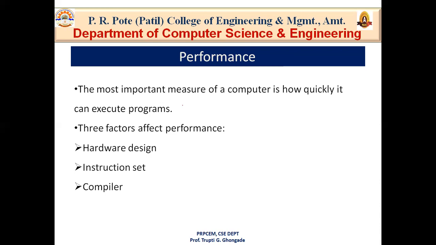First one is the hardware design, second one is the instruction set, and third one is the compiler. So for the best performance, it is necessary to design the compiler, the machine instruction sets, and the hardware in a coordinated way.